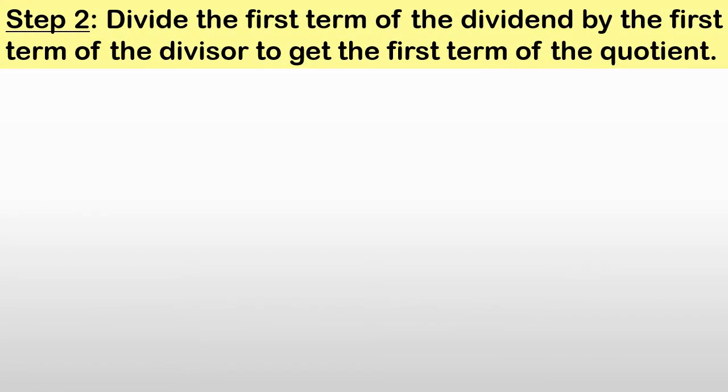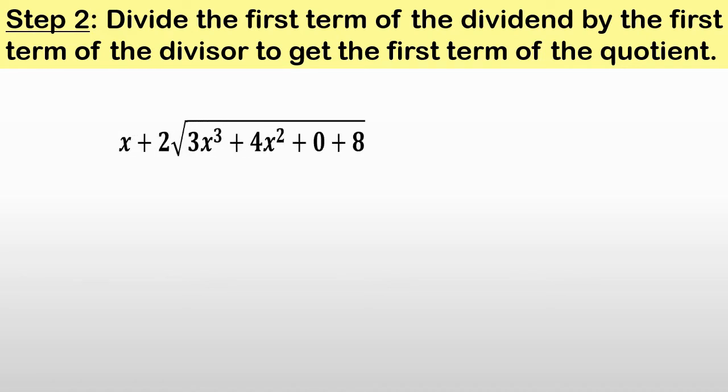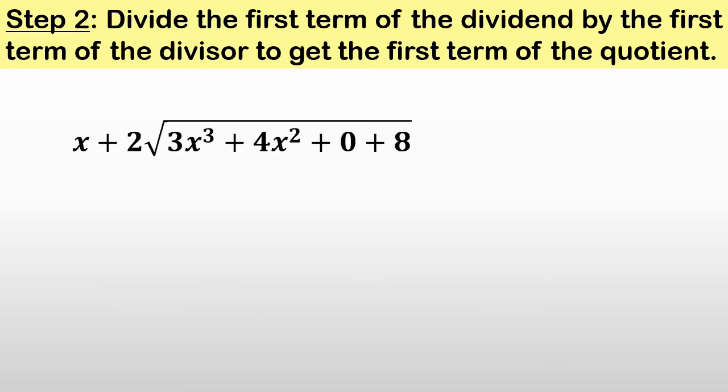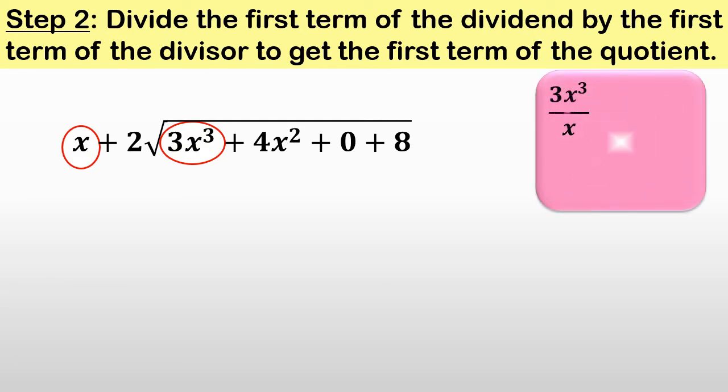Divide the first term of the dividend by the first term of the divisor to get the first term of the quotient. Again, let's copy and divide the first term of dividend and divisor. So, it will become 3x cubed divided by x. So, 3x raised to the third power minus 1 is equal to 3x squared. So, therefore, the first quotient of the given here is 3x squared.